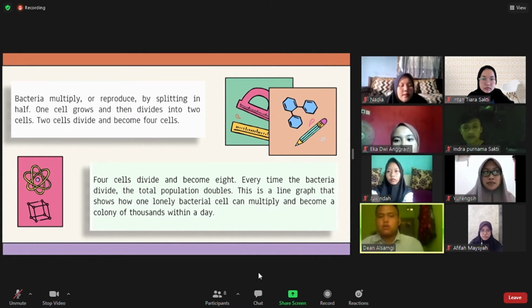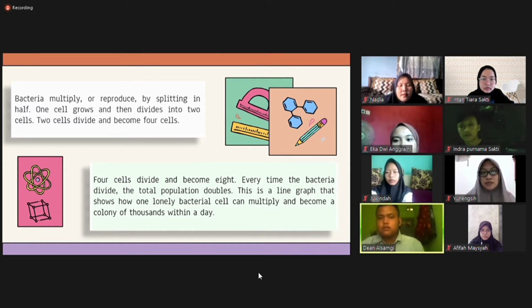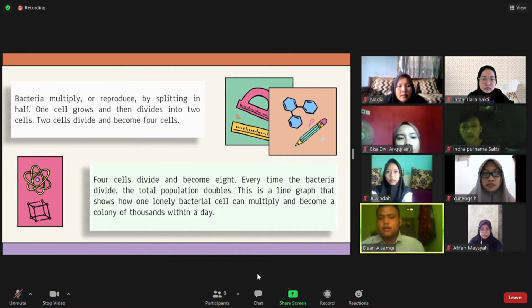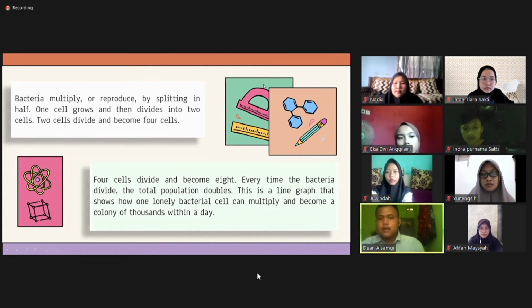One cell grows and divides into two cells, which divide and become four, then eight, then 16, and so on. Every time the bacteria divide, the total population doubles.